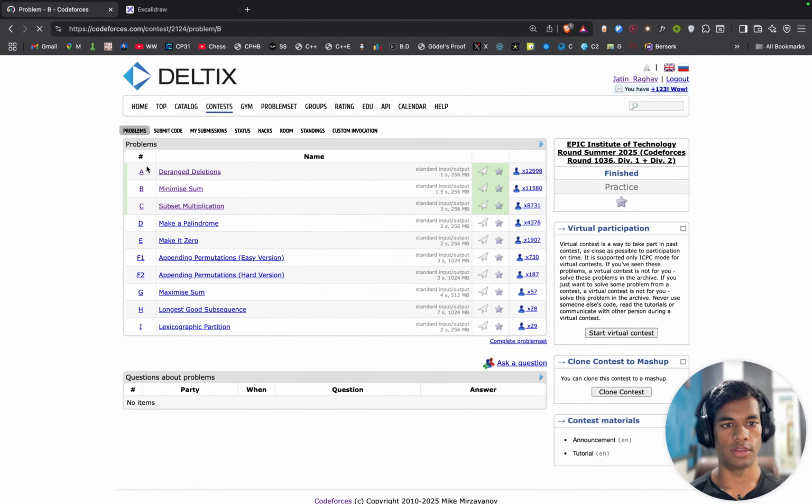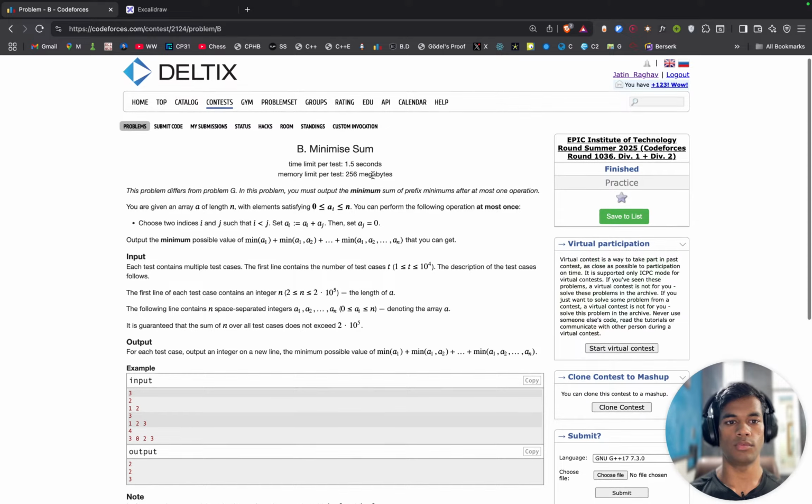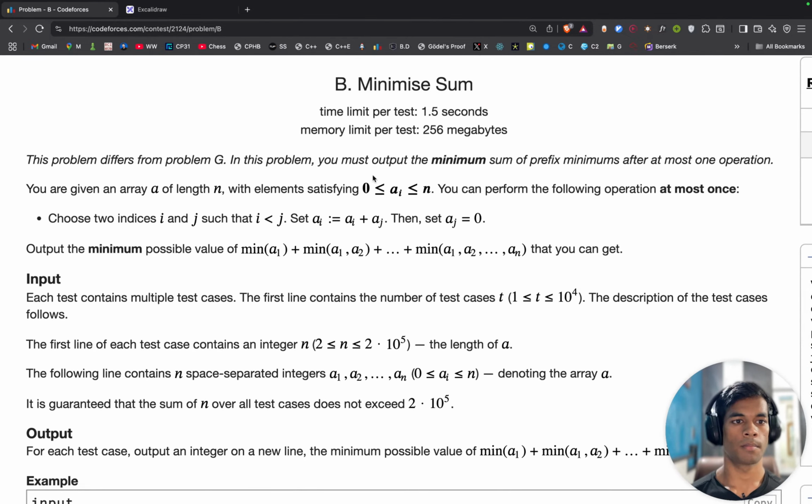And then the second one, this was the last question that I was able to do in this contest. This problem differs from G. I didn't even read G. You are given an array A of length n. So n is the length of the array, and every element in A is from 0 to n inclusive. You can perform the following operation at most once: choose two indices i and j such that i is smaller than j, and set A_i equal to A_i plus A_j.